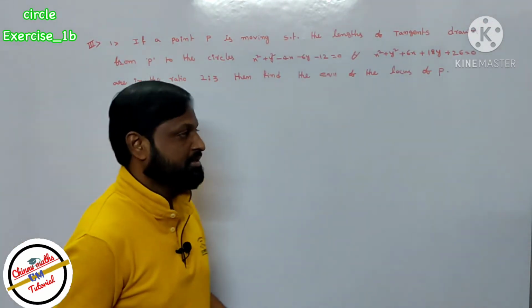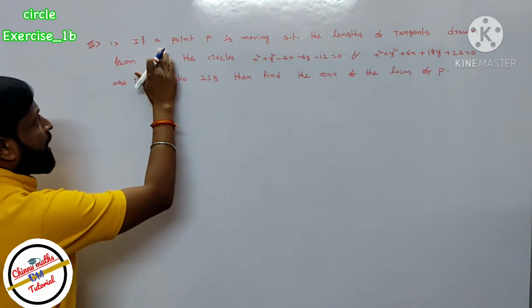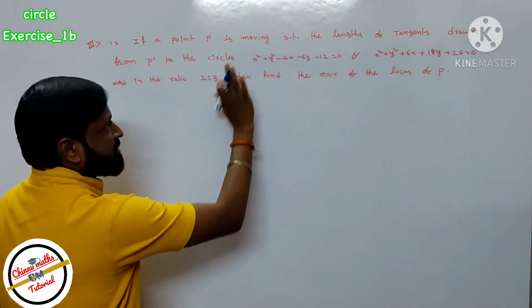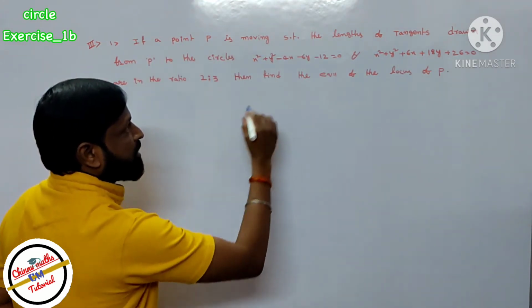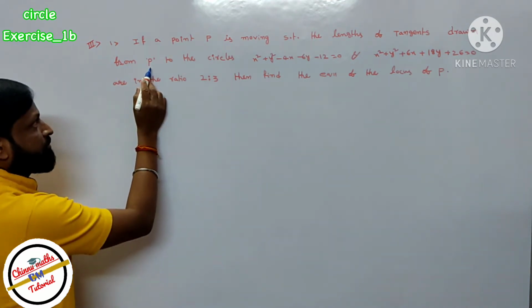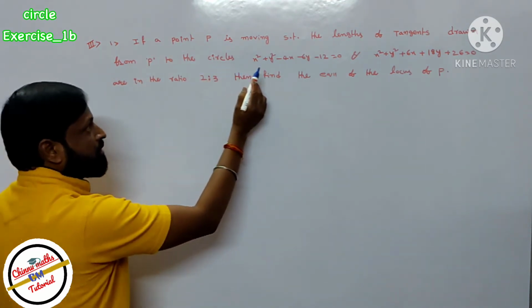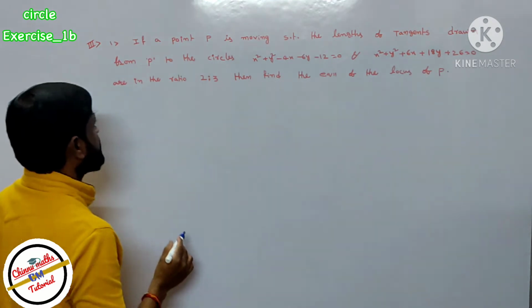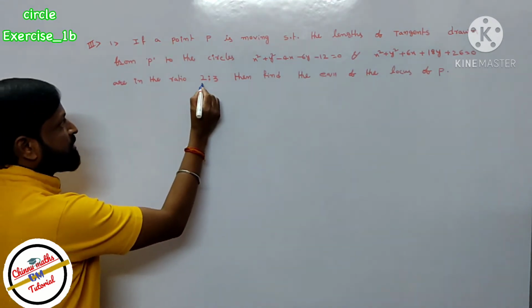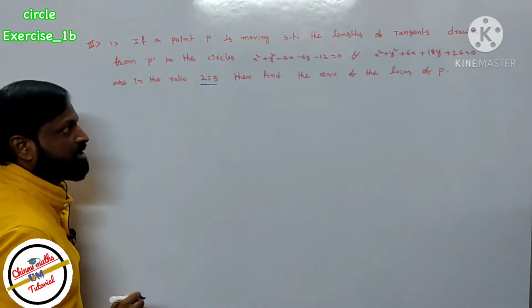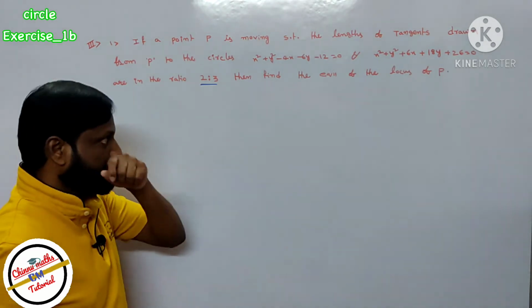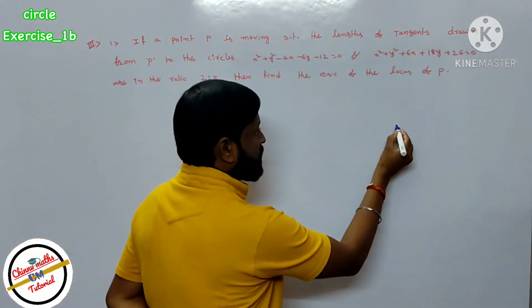Next question we discuss. If a point P is moving such that the lengths of the tangents drawn from the point P to the circles, given how many circles? 2 circles, are in the ratio 2:3, then find the equation of the locus of P. What is given? 2 circle equations.